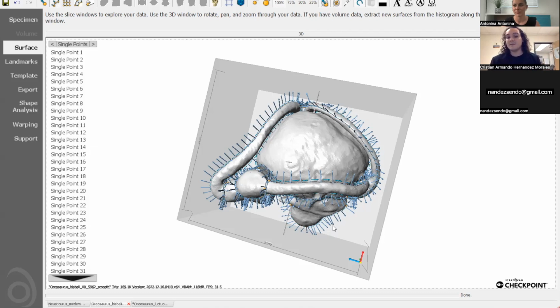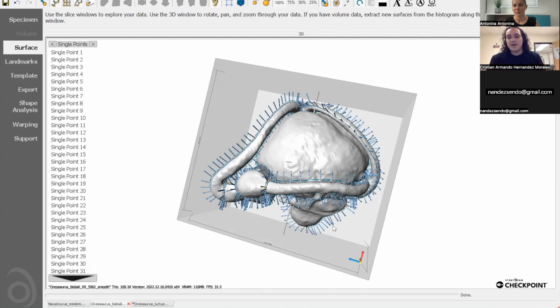But people haven't really tested that hypothesis in a mathematical way, right? Usually people just study the shape, do a description, and find some things that indicate a relation between the ecology and the inner ear morphology. But with geometric morphometrics, we can compare the different kinds of inner ears in a more controlled way.